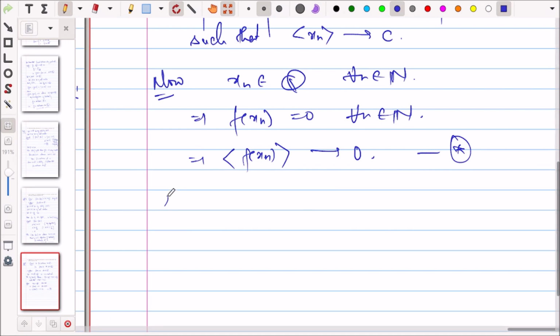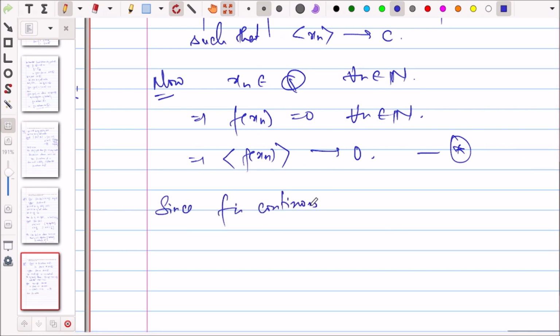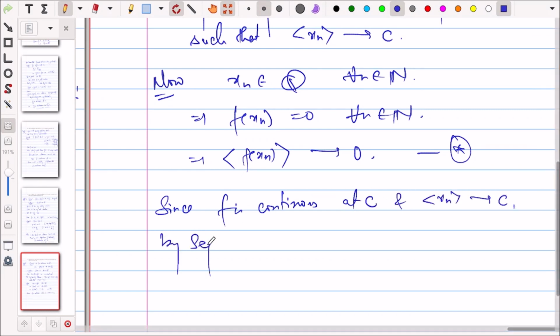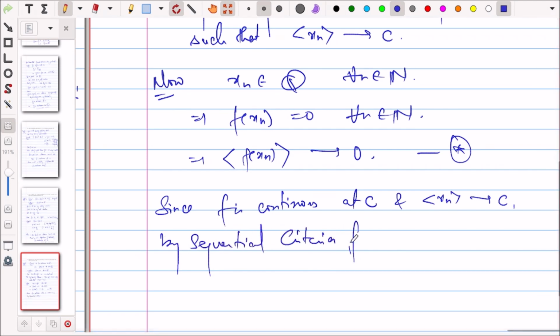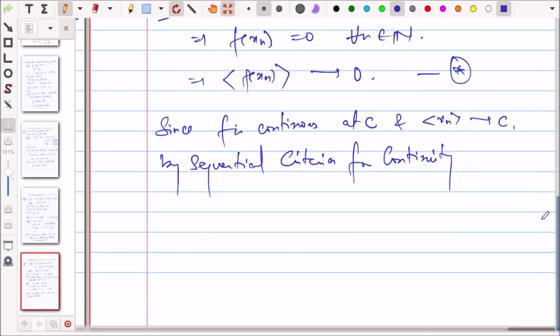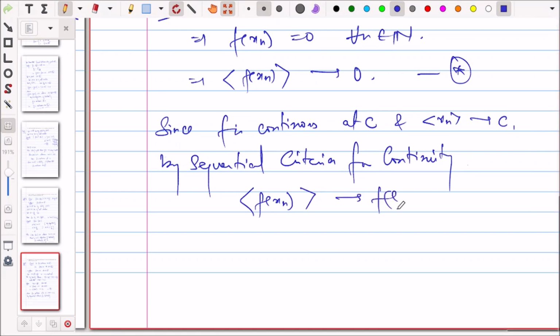Now since f is continuous at c and x_n converges to c, by the sequential criterion for continuity, f(x_n) will converge to f(c).